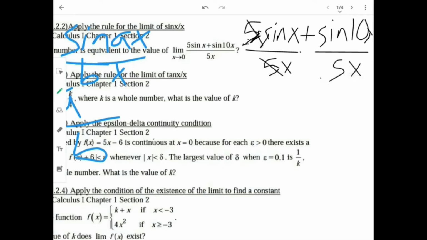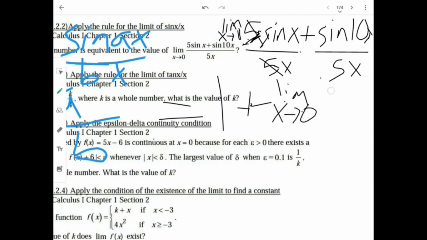So the 5's cancel. So limit as x approaches 0, you no longer need to do that for that because it's 1. Plus limit as x approaches 0 of sin 10x over 5x.